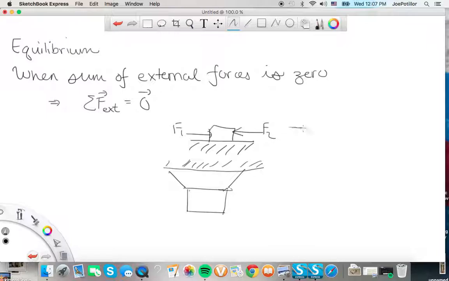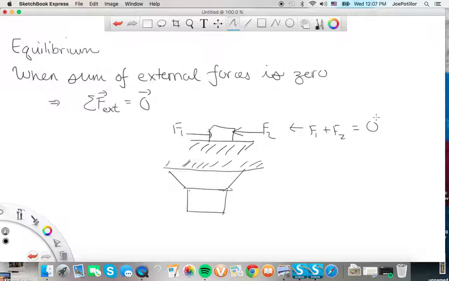In this top situation here, F1 plus F2 is 0. Now, with these chains, with these ropes, whatever you want to call them, it has a tension. And now I have two situations to figure out whether it will be rotating, like kind of swinging and kind of rotating itself, or whether the forces will stay 0.